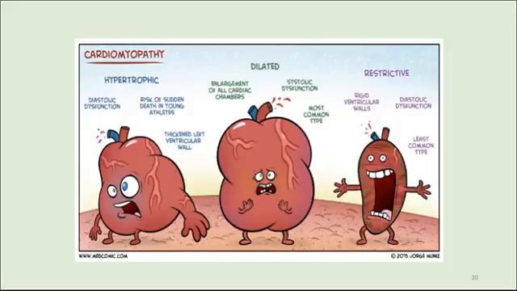So the hypertrophic can be obstructive and non-obstructive, and restrictive, which is very, very rare of the three. It's the second most common direct cause of sudden death. Coronary artery disease is number one. Cardiomyopathy is number two.